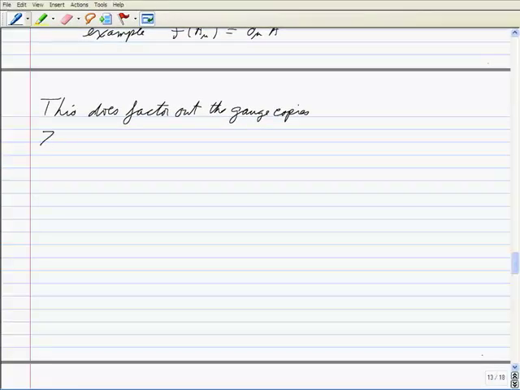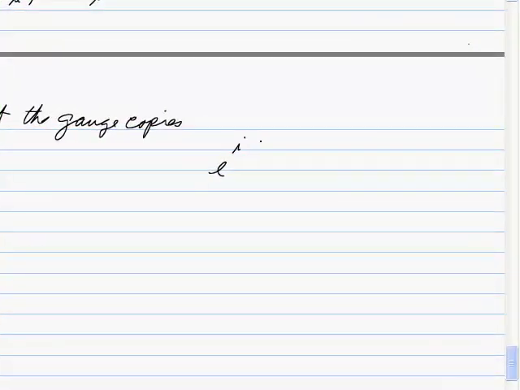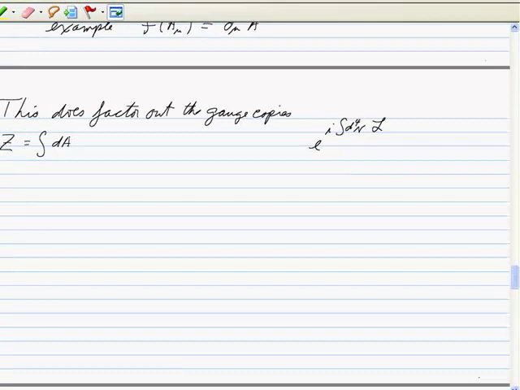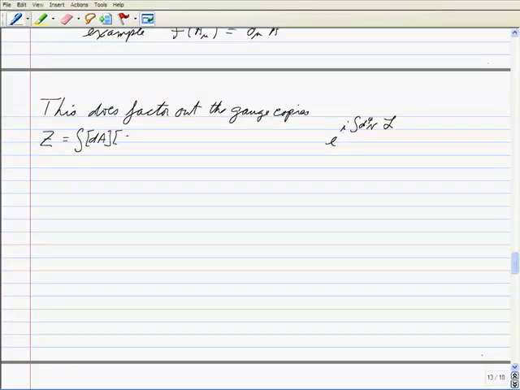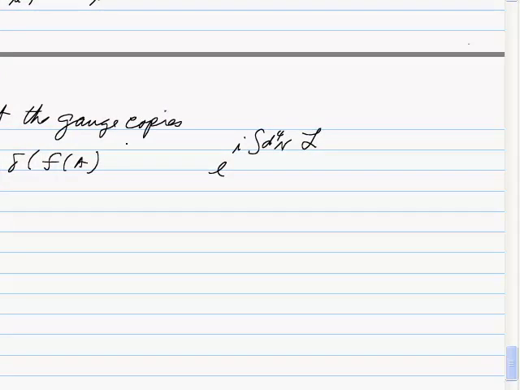We have Z, which is the integral dA, and for ease in writing, let's just keep the e to the i integral d4x Lagrangian. It doesn't matter too much. We'll then write this, adding this identity, d theta, delta of A, delta of f of A of theta.